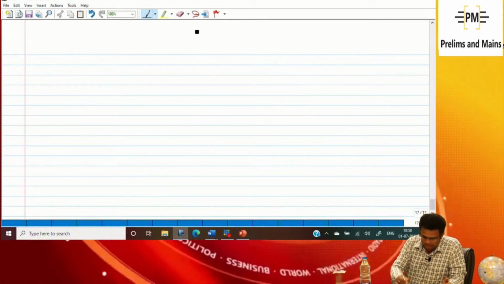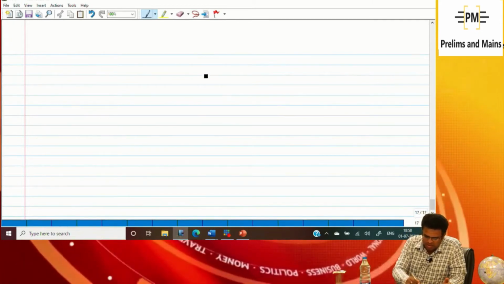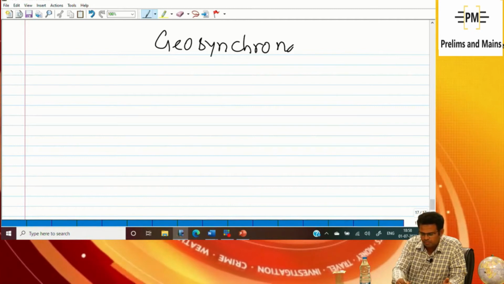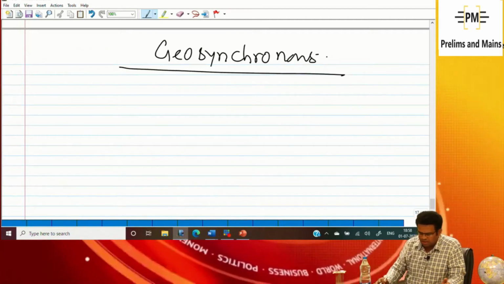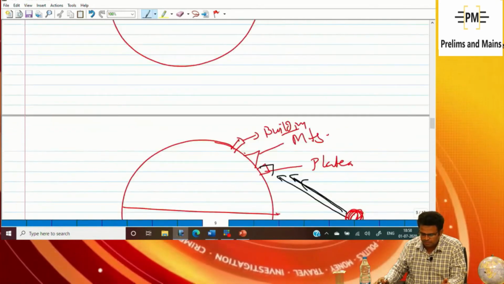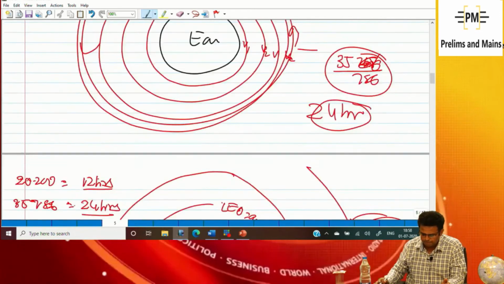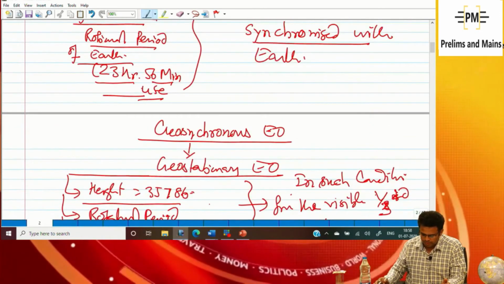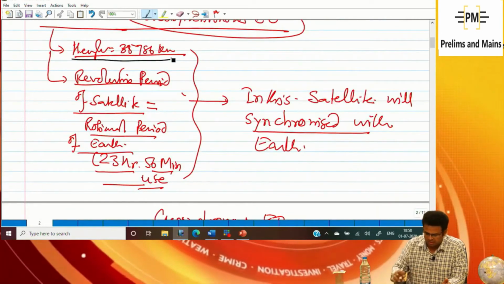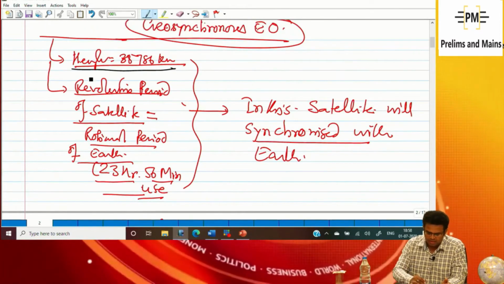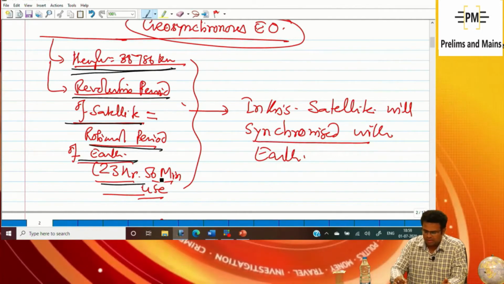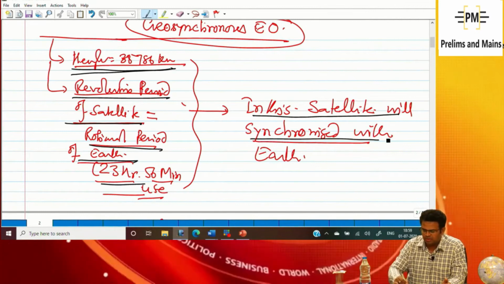Now if I say a satellite is geosynchronous, listen to me carefully. I have earlier discussed geosynchronous at the start of the class. The height is 35,786 kilometers, the revolution period of the satellite is equal to the rotational period of the Earth, and the satellite is synchronized with the Earth.